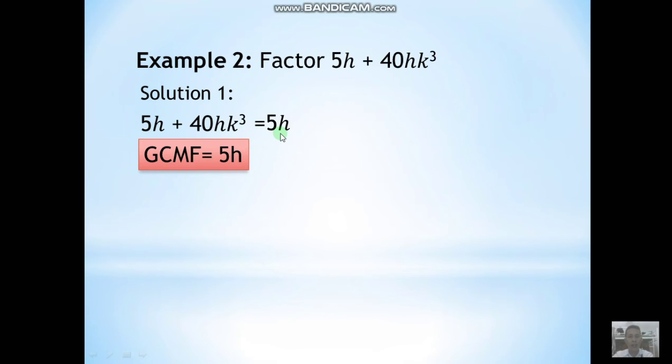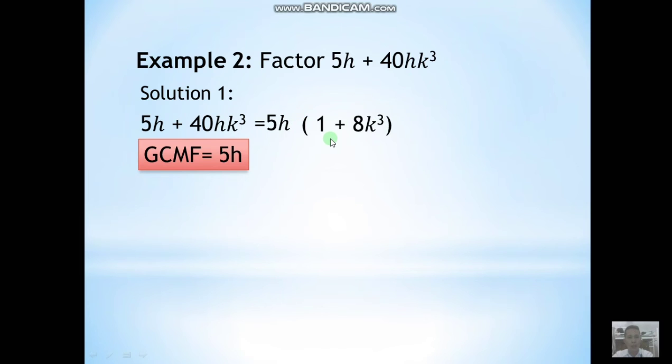To obtain the other factor, we simply divide each term by the GCMF. So 5h divided by 5h is 1. Then 40hk cubed divided by 5h is 8k cubed. So this is now the other factor, and this is the answer for solution number 1.